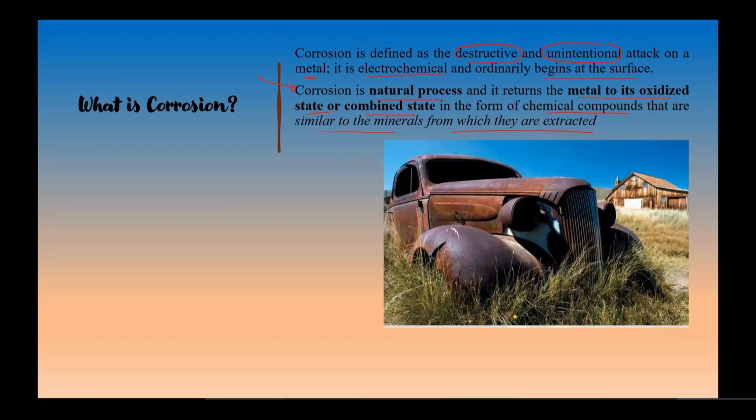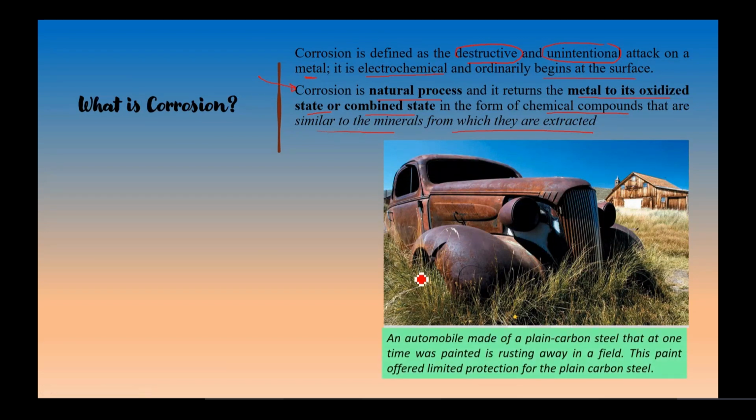Now, if you look at this car body, it's an automobile that was made up of plain carbon steel. Now you could recall the plain carbon steel. It only has iron and carbon, iron with a small amount of carbon in it. That at one time was painted is rusting away in the field. The paint was there to offer a protection.